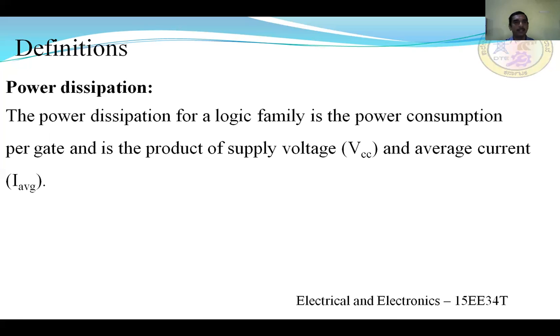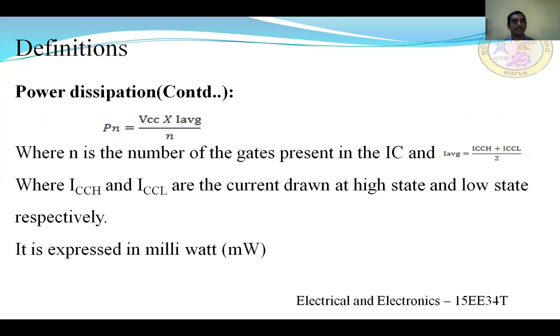The formula for power dissipation is P = VCC into I average divided by N, where N is the number of gates present in the IC. On an IC there may be several gates present, so that's why we divide by N. I average, as I already said, is (ICCH + ICCL) / 2, because there are two states, high state and low state.